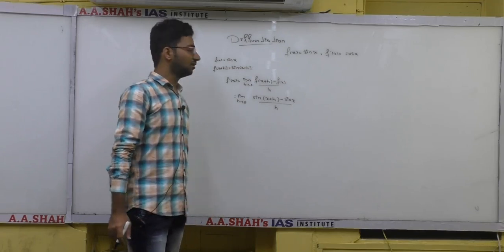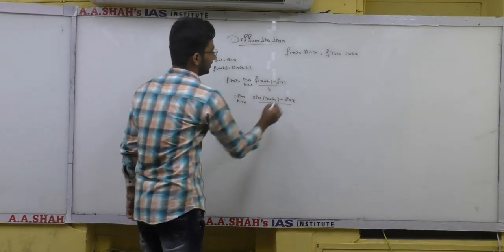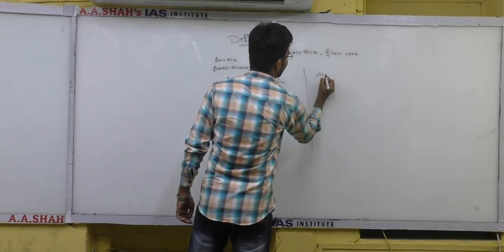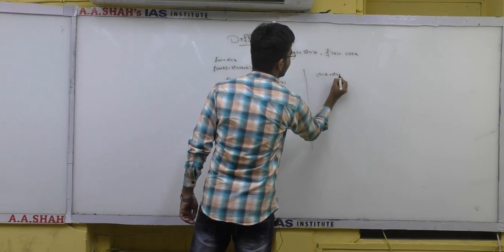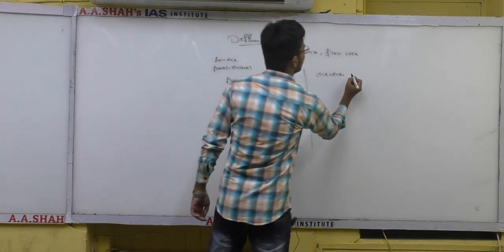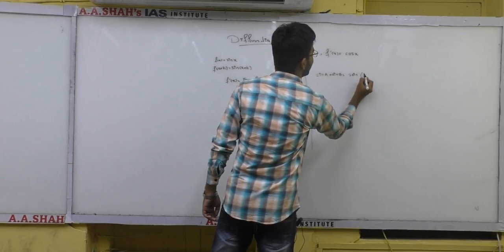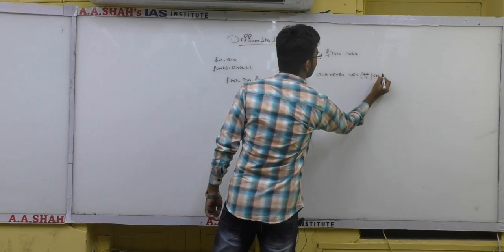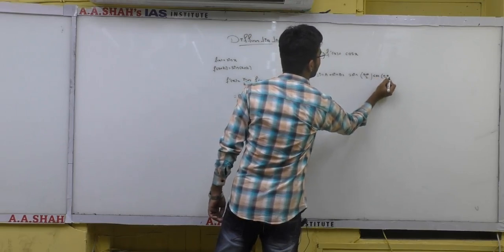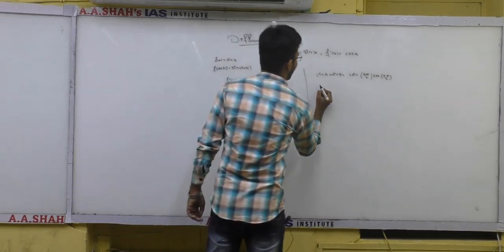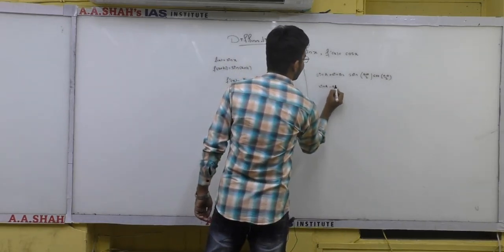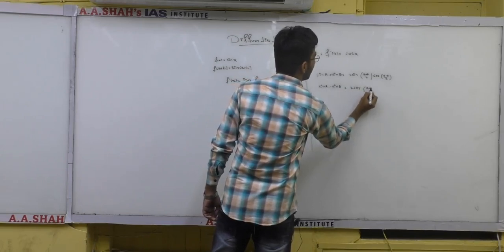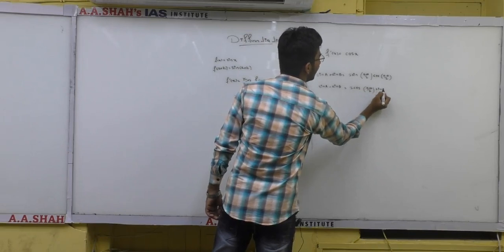There are 4 formulas. If I have sin a plus sin b, then we write 2 sin((a+b)/2) cos((a-b)/2). If we have sin a minus sin b, then we write 2 cos((a+b)/2) sin((a-b)/2).